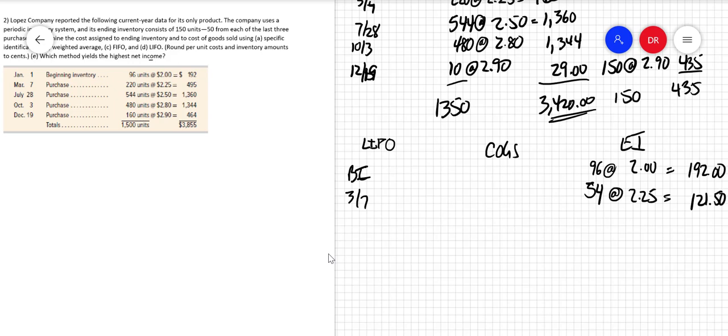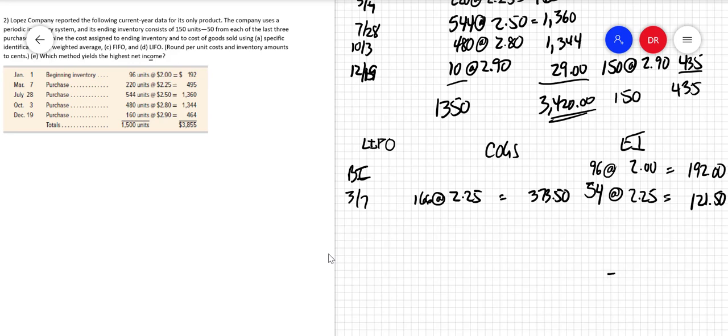And then in cost of goods sold, we have 166 at $2.25. That gives us a cost in cost of goods sold of $373.50. Okay, now we've accounted for the entirety of ending inventory.